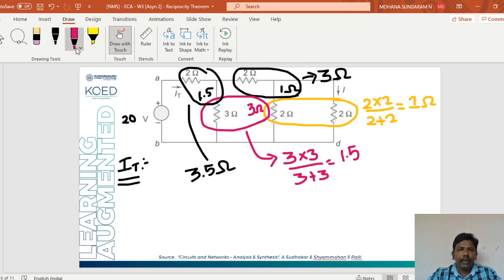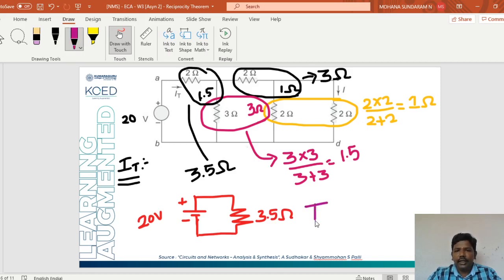Now the circuit has become like this, correct? The circuit has become like this. One is 20 volts, okay? This is 20 volts, and this is resistance. I take plus minus, and this is 3.5 ohms. So now you can find out the value of IT.